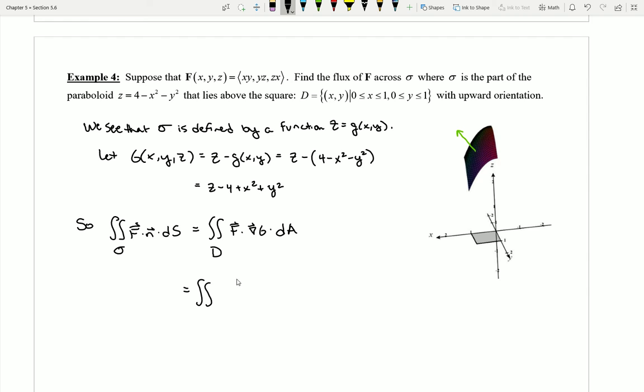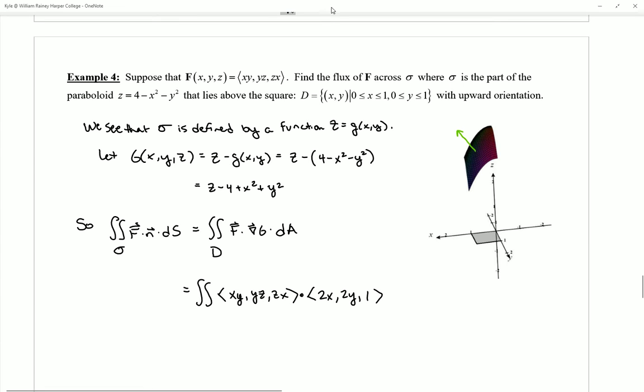So this would look like my f is going to have xy, yz, zx, and the gradient is going to be, let's see, partial with respect to x should be 2x, partial with respect to y should be 2y, and partial with respect to z here should be 1.